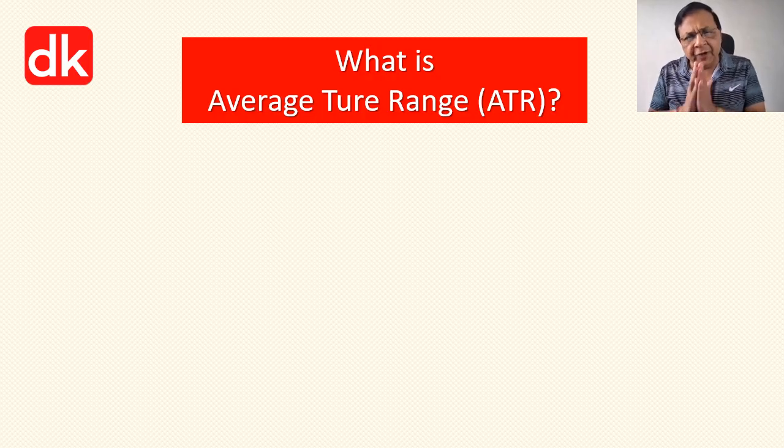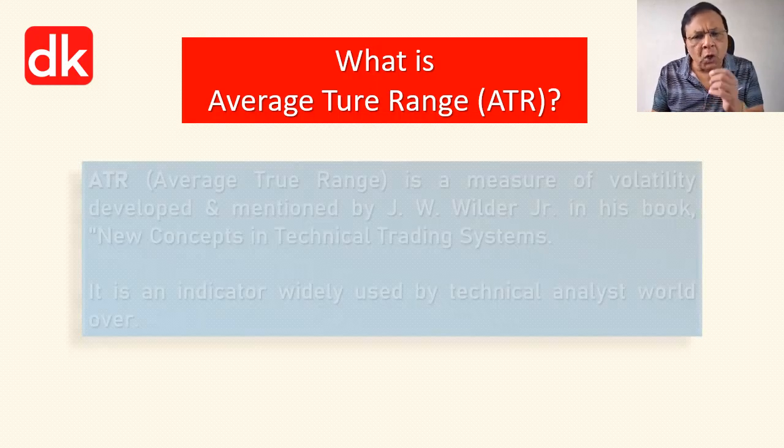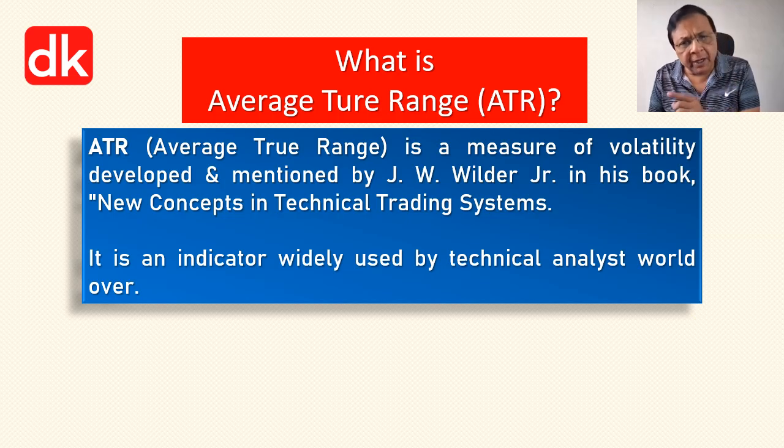So friends, let us first understand what is average true range as an indicator. Simply to put, it is an indicator that measures the volatility in the market. This was an indicator developed by J.W. Wilder Jr., who mentioned it in his book called New Concepts in Technical Trading Systems. It is widely used worldwide by technical analysts.